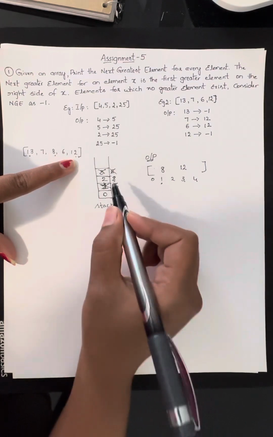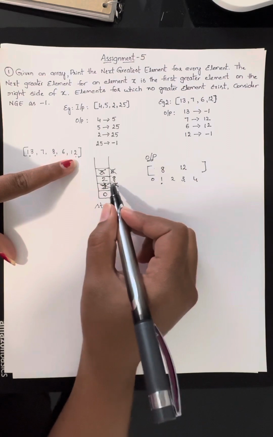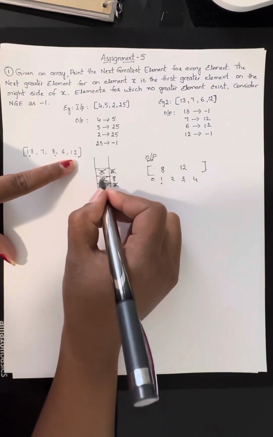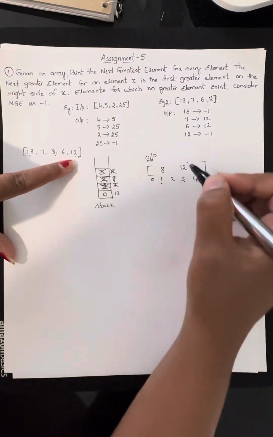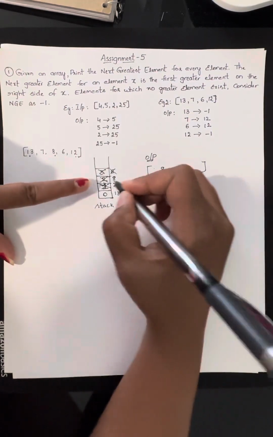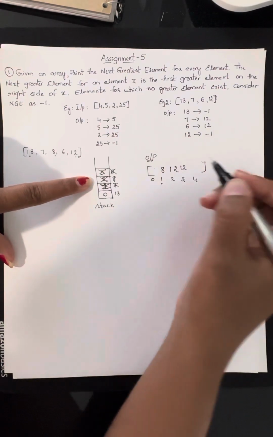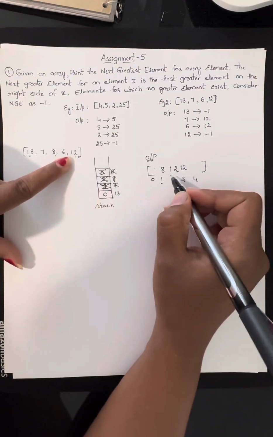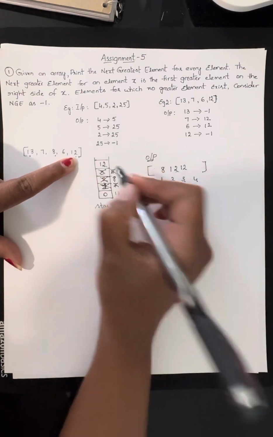8 is lesser than 12, so we'll pop this out, and at index 2 in the output array we'll have 12. And 12 will be pushed here.